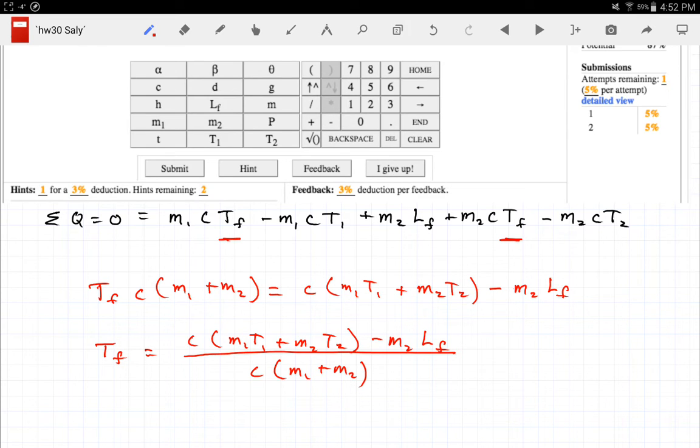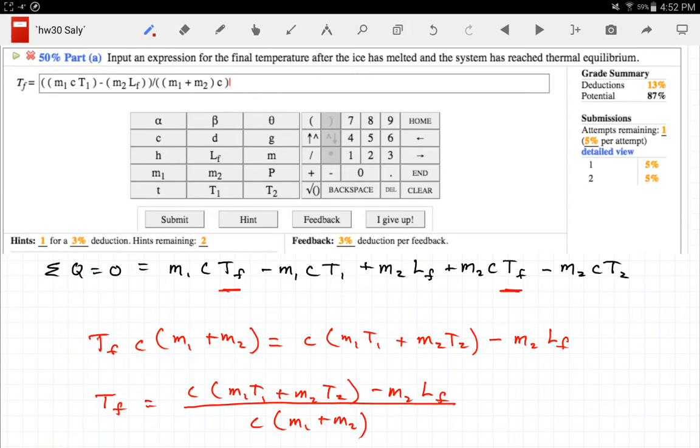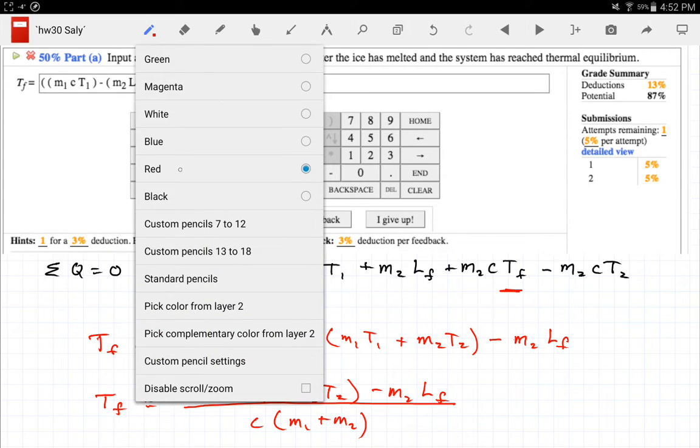Now let's compare what I just got to your answer, because honestly I had not compared it yet. If I look at your answer, I don't see the T2 term at all. You have this term, I will circle here.